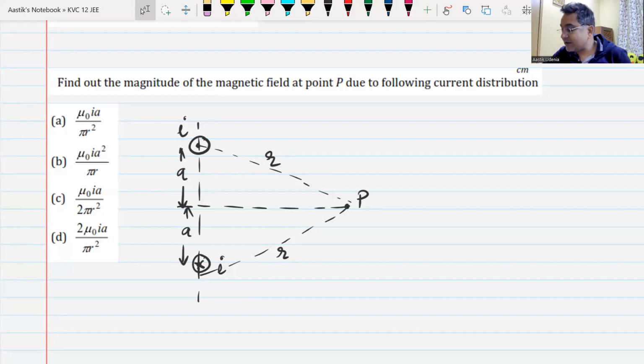When you find out the magnetic field at this point O, what will be the magnetic field at this point O? If I call this the pink wire, where will the magnetic field due to the pink wire go? Inside, sir. Inside.